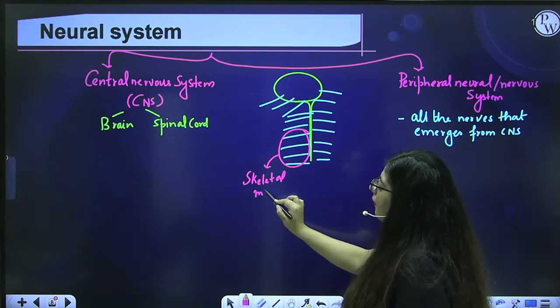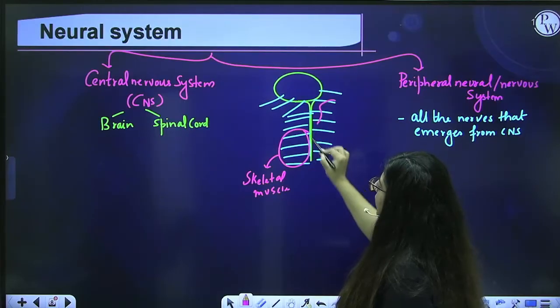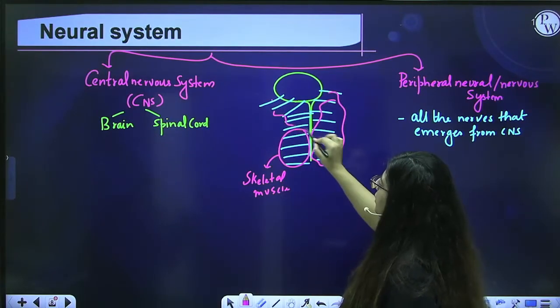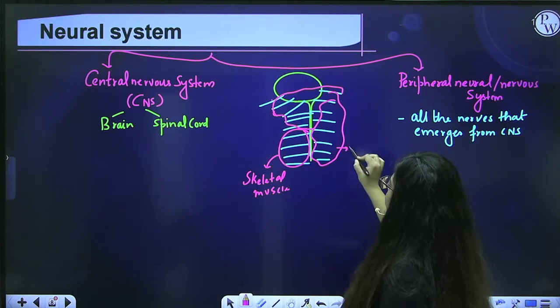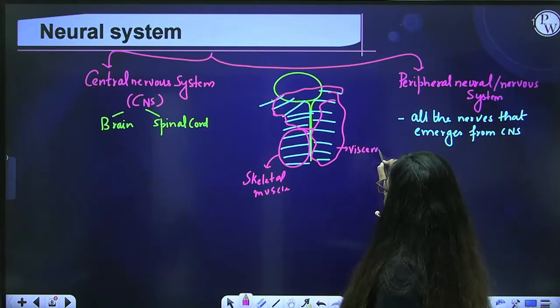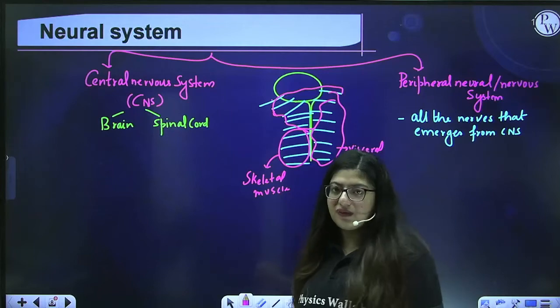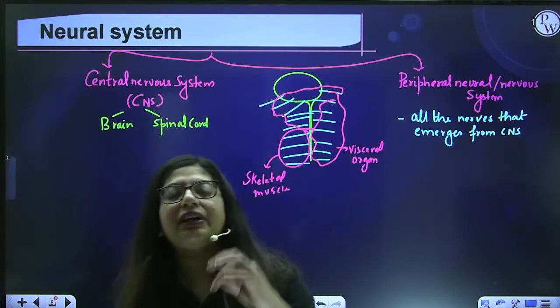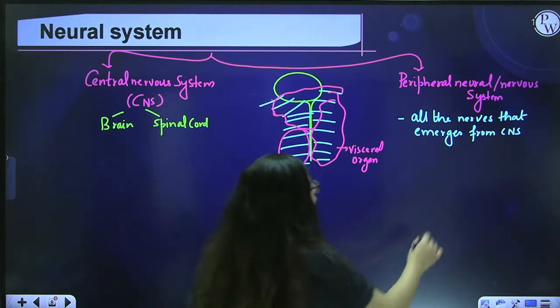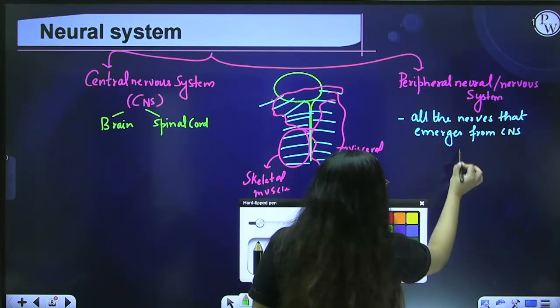And there can be certain nerves that are sending information to visceral organs. So according to where these nerves are sending information, we have divided our peripheral nervous system into two categories. How many categories? Two.